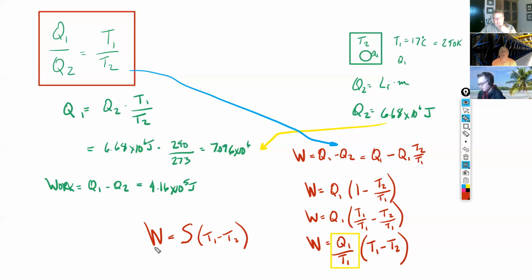So really, you could have figured out how much work is required simply by knowing the entropy times the difference in temperature. But when you look at my first solution, that's what we did. The entropy times the change in the temperature. We know the change in temperature is 17 times the entropy. And entropy, according to that equation, is latent heat times the mass divided by temperature.